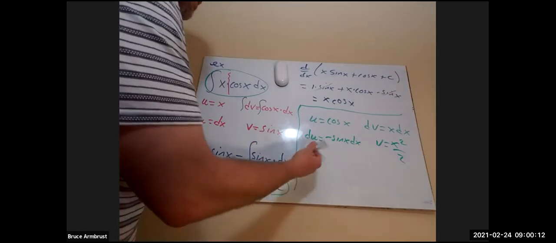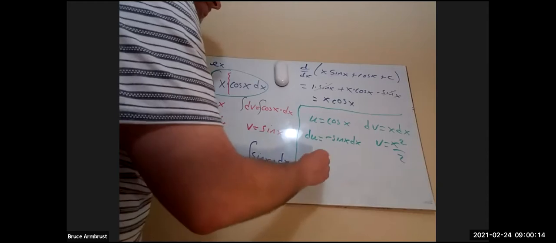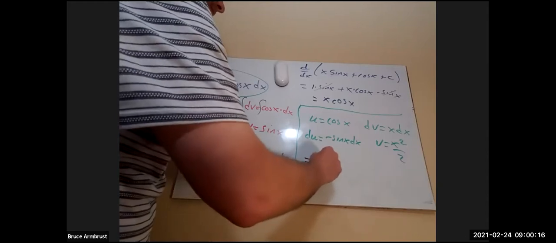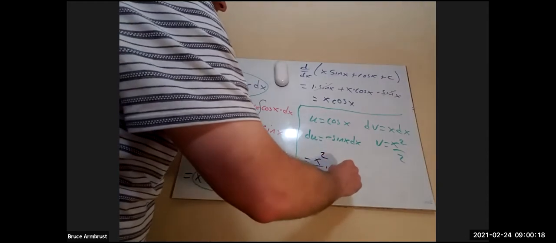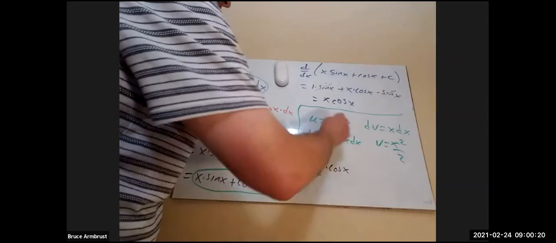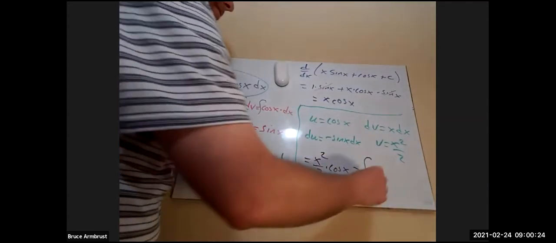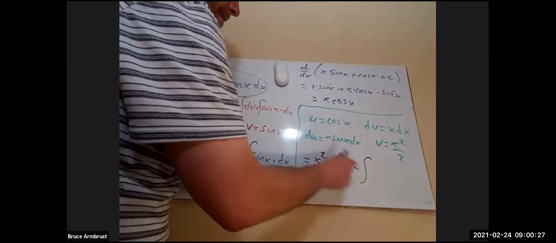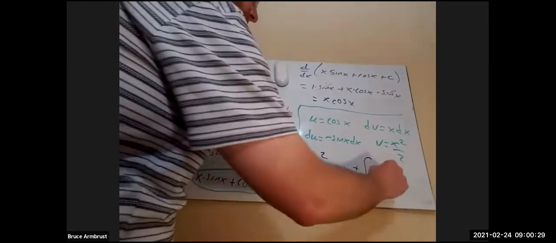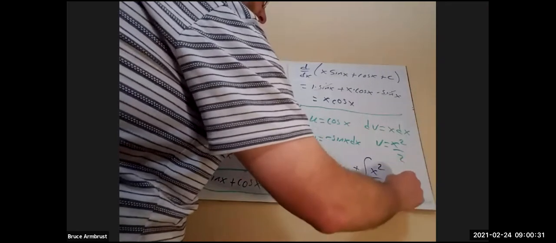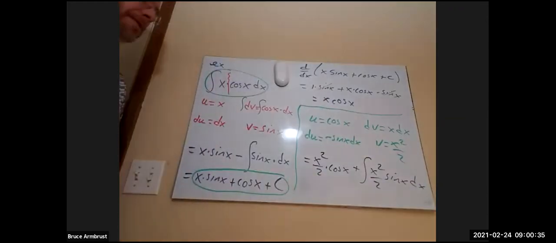All right, well then this integral is going to equal u times v, so x squared over 2 times cosine of x, minus the integral of v du. Well, it's minus of minus, it's a plus. So now we're integrating x squared over 2 sine of x dx.